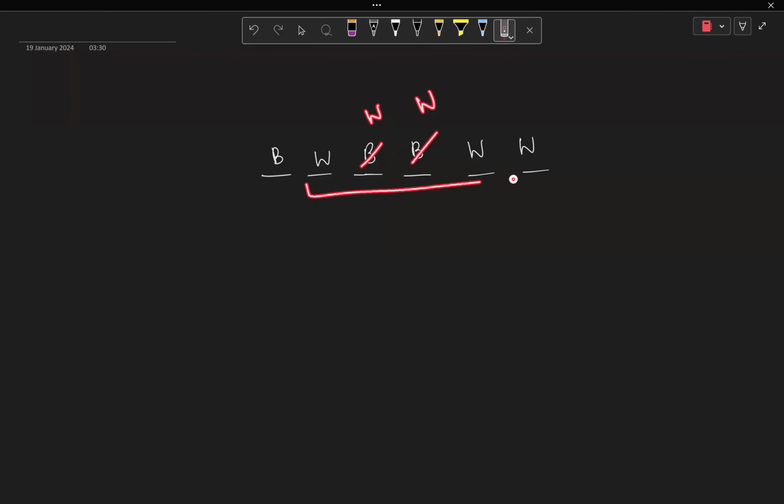So if we choose a substring like this, it will become like this, right? And we have to tell the minimum length required for the substring which we can choose to make all the elements in the substring equal to white.